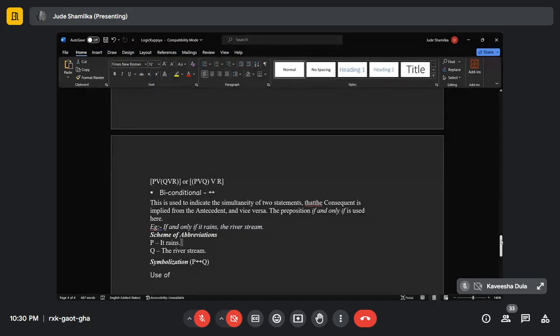So the XOR gate is there, and the negation of it equals the biconditional. So can anybody tell me what is the opposite of biconditional, which means the negation of biconditional?